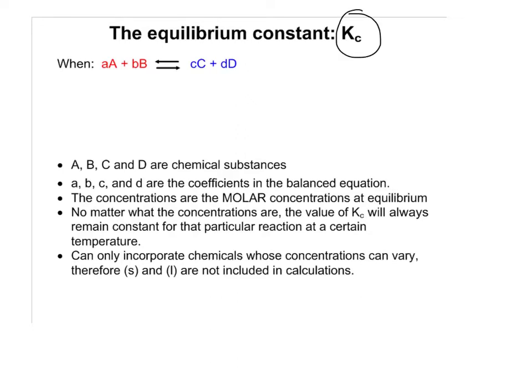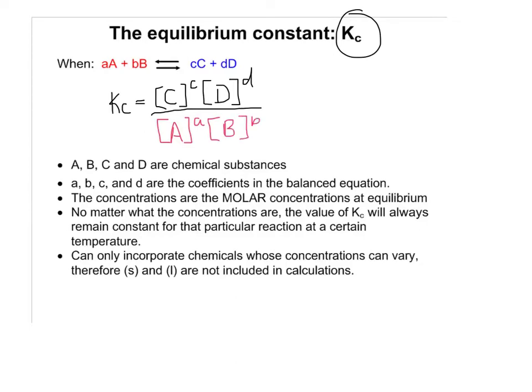The way that we're going to figure this out is, given this reaction, aA plus bB reacts to give cC plus dD, the equilibrium constant is equal to the concentration of big C to the power of little c times the concentration of big D to the power of little d divided by the concentration of big A to the power of little a times the concentration of big B to the power of little b.